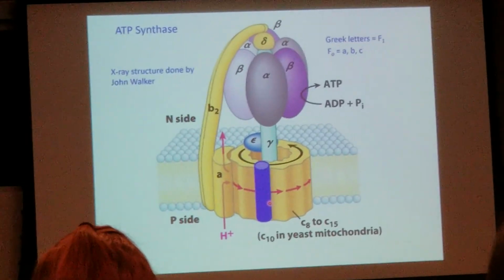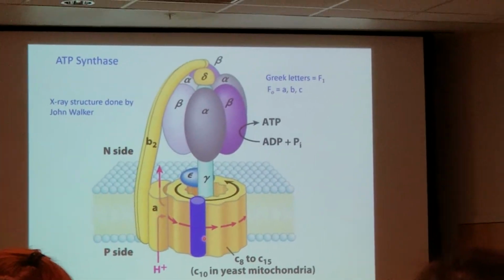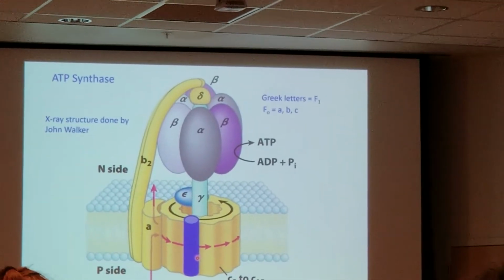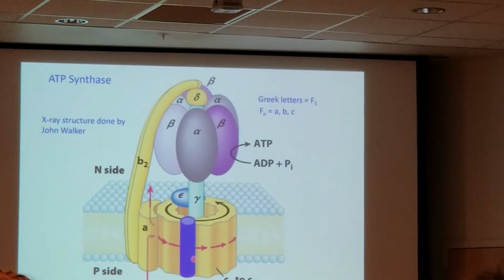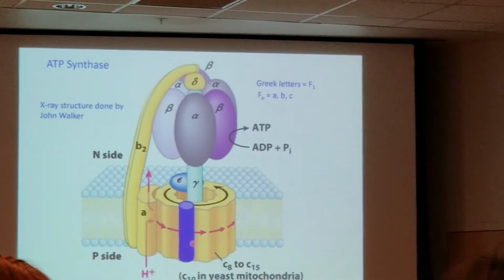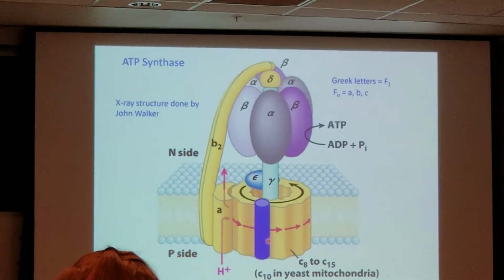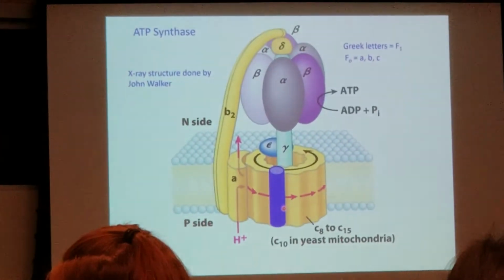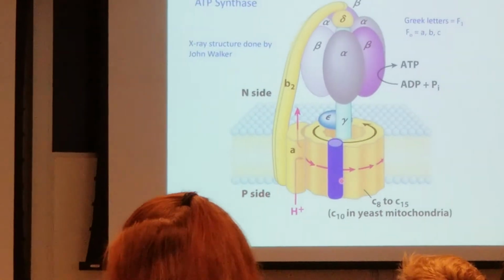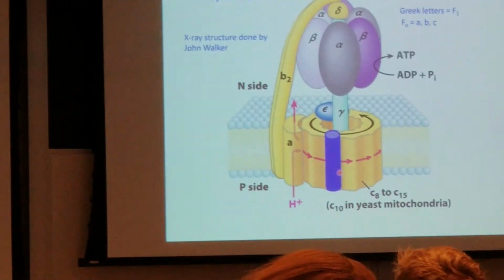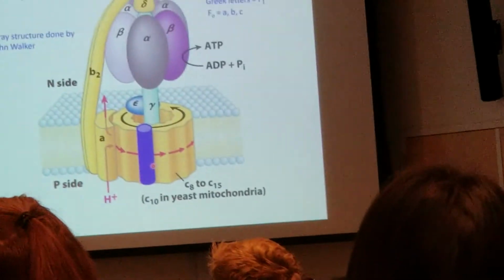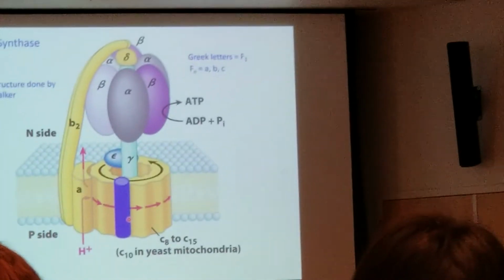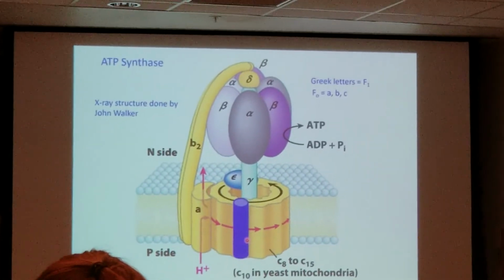But the structure of the spinning wheel would depend on what the proton gradient is across the membrane. If the proton gradient isn't that strong, presumably you need more C subunits. If it's very strong, presumably you don't need as much. The point is, not all mitochondria have the same structural ATP synthase. But let's go with yeast, okay?